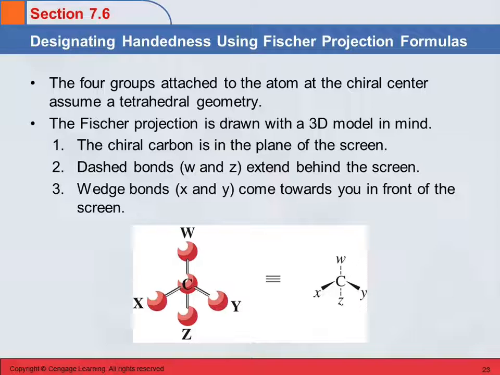So the carbon atom is in the plane of the screen, and the X and the Y are like arms sticking out trying to hug you, right? And W and Z, the dashed lines, are going back.